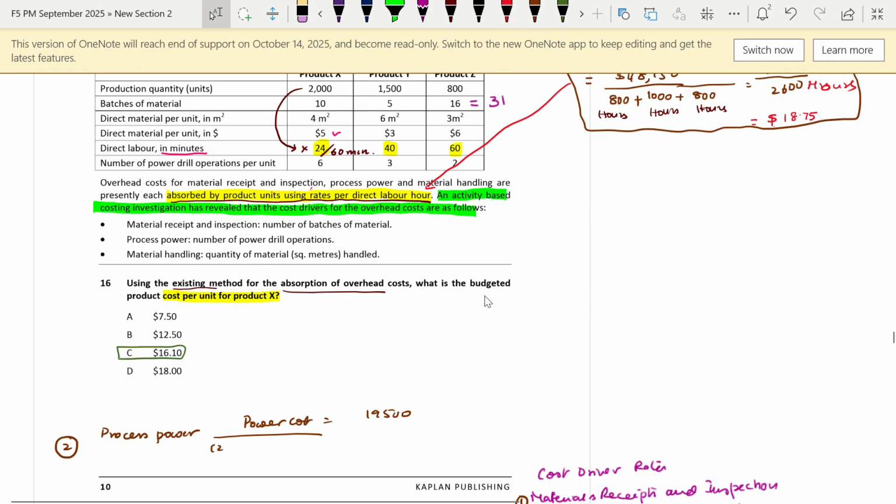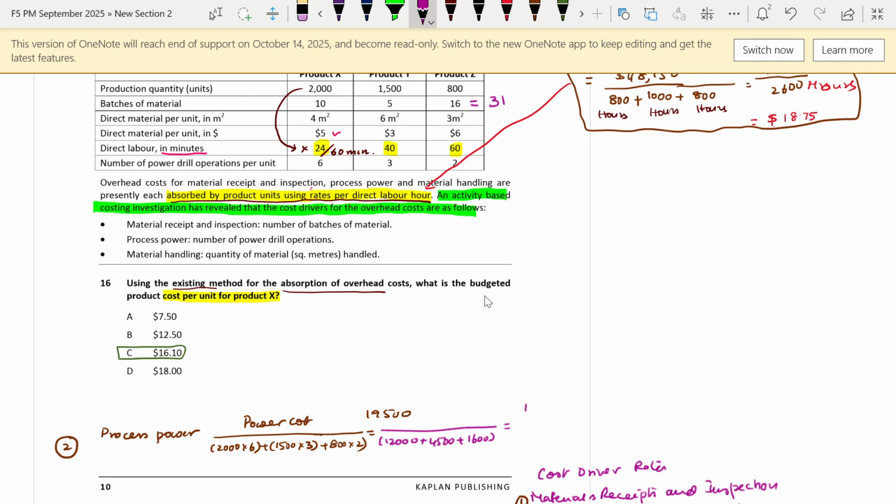Per unit is 6. 2000 times 6, plus 1500 times 3, plus 800 times 2. How much will you get? First one 12,000. Total? 12,000 plus 4,500 plus 1,600.